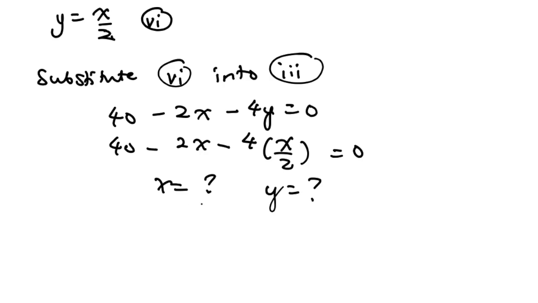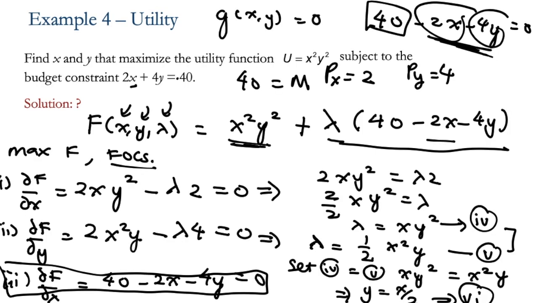When you solve it, you're going to get x equivalent to 10 and y equivalent to 5. So this x equivalent to 10 and y equivalent to 5 are the combination of x and y that can maximize this utility function given the budget constraint here, given the limited income. That's how we do it.